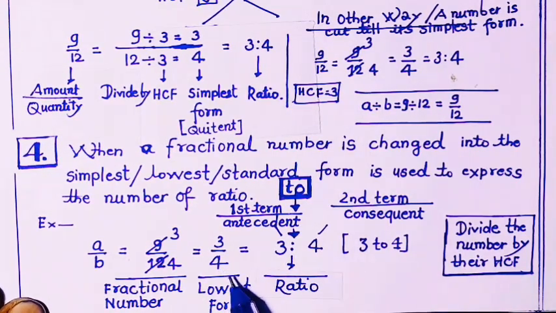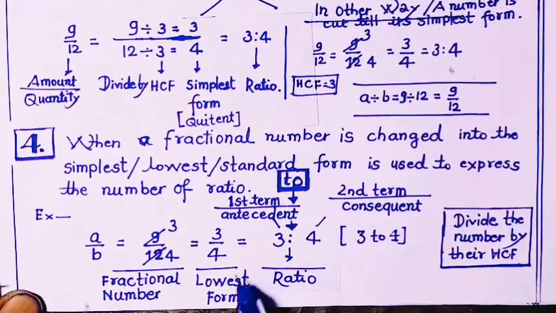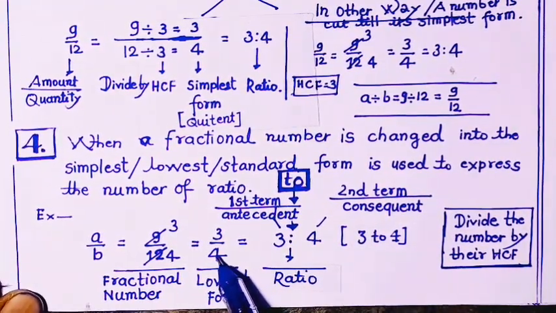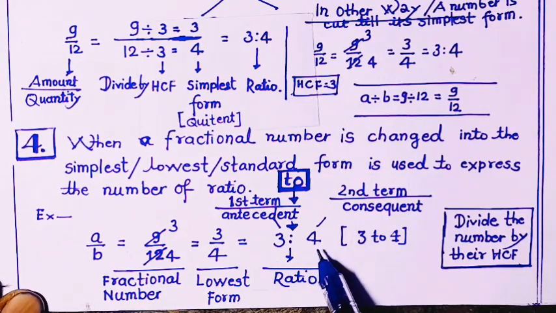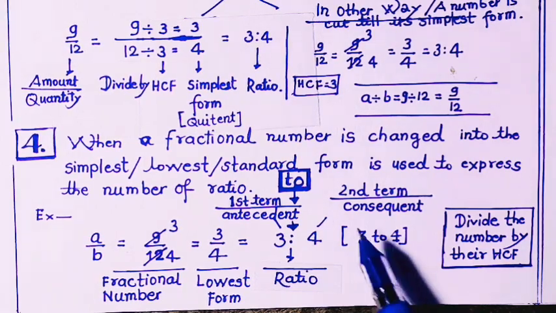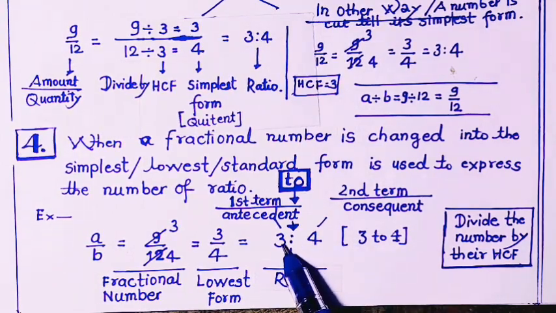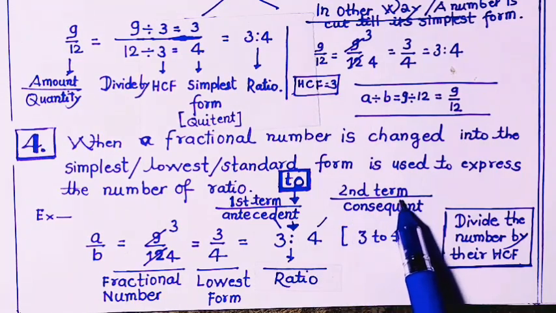You can see here 9 by 12 as a fractional number and 3 by 4 is in the lowest form, and when this lowest form is written into the number of ratio, then it is written 3 to 4, wherein 3 is the first term and 4 is called the second term.